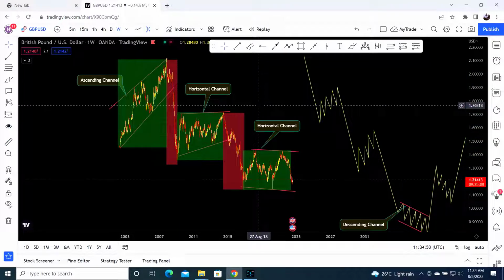Such a huge amount of pips. So the work of a trader is to identify the impulsive phases and the corrective phases and prepare to trade the impulsive phases, because that's where most of the money is made.